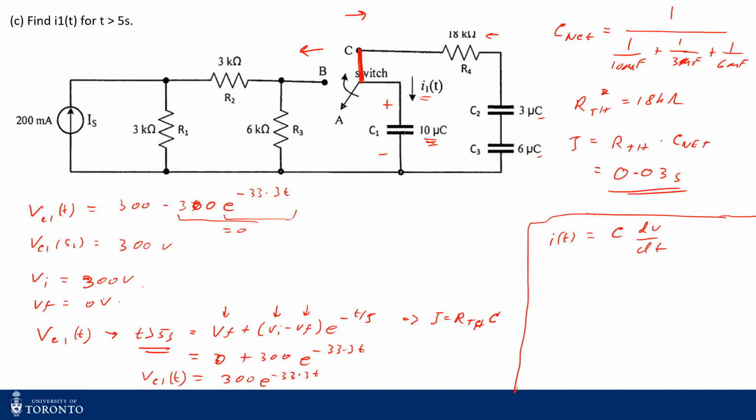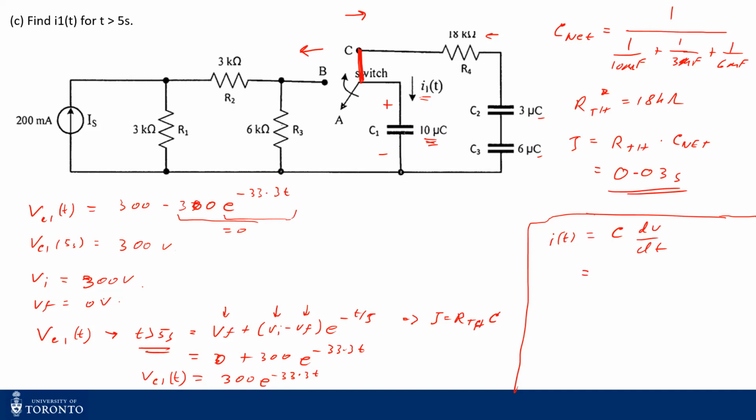In this case, you know your VC1(t), and you find out the current I1(t). So in this case, plug in all the values.